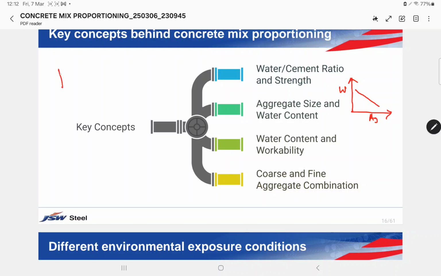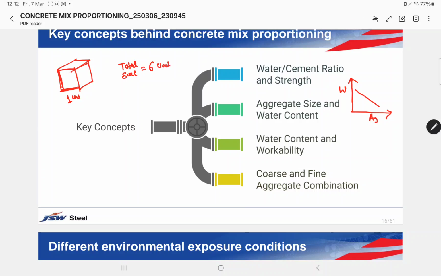Suppose I have a cube. The cube has 6 faces. Now suppose it has a dimension of 1 unit, so the area of one face is 1 into 1, 1 square unit, and it has 6 faces. So the total surface area is 6 square units.